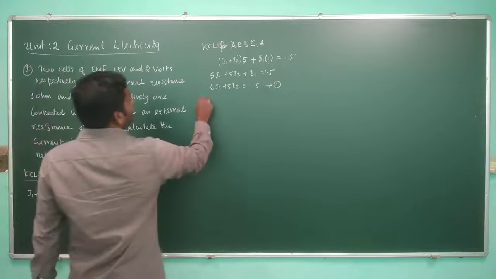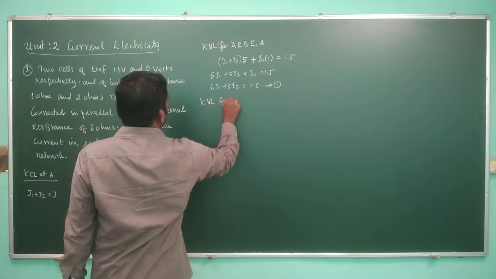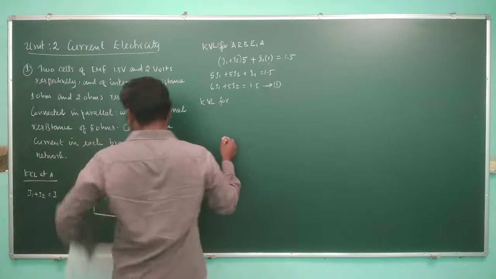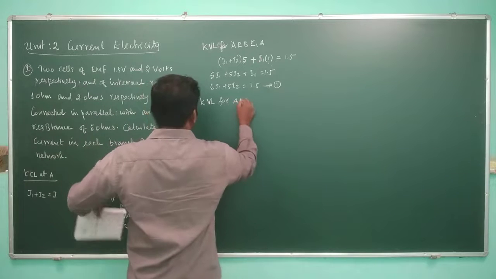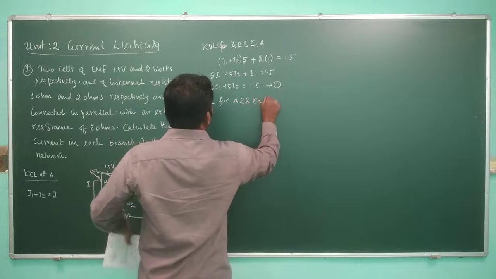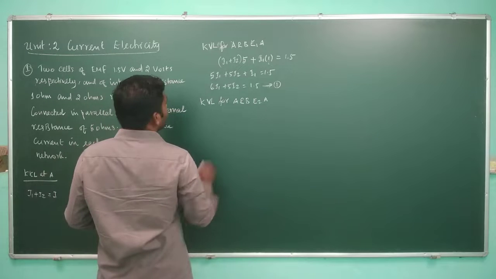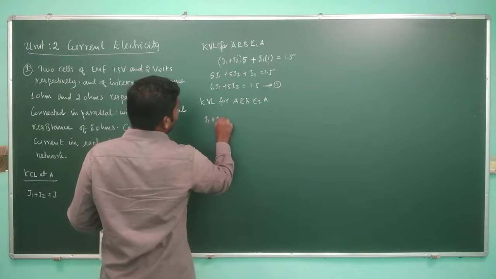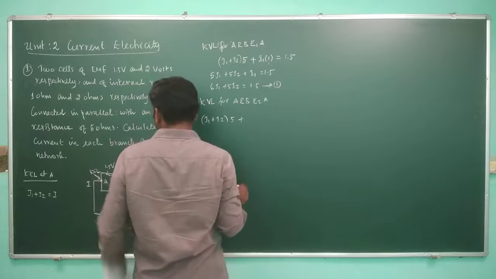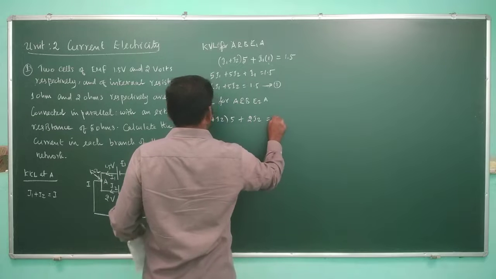And again you can write Kirchhoff, not current law, it is voltage law, for the second loop, that is through the battery E2. So from point A to R, then to B, then to E2, then A. In this case, we can write again the voltage at the battery: I1 plus I2 into R, 5, plus here it is 2 into I2, so 2 times I2, which is equal to 2.